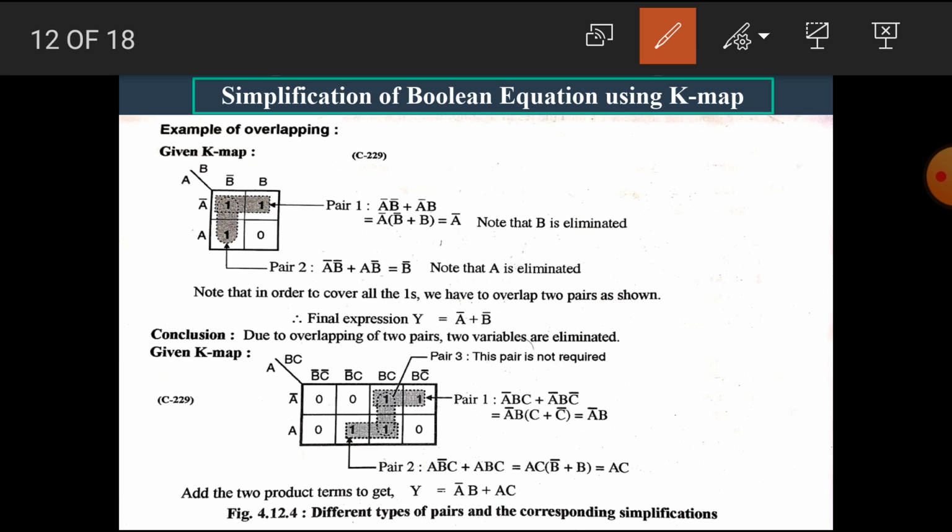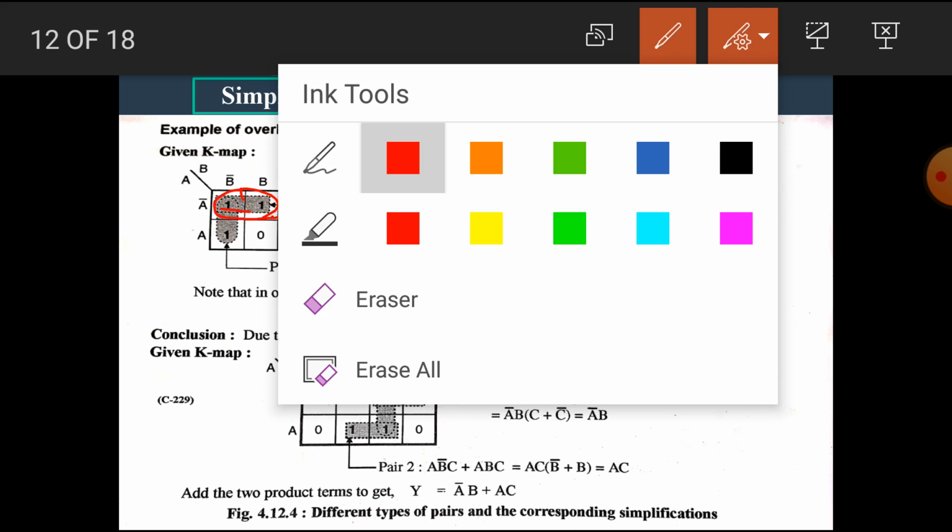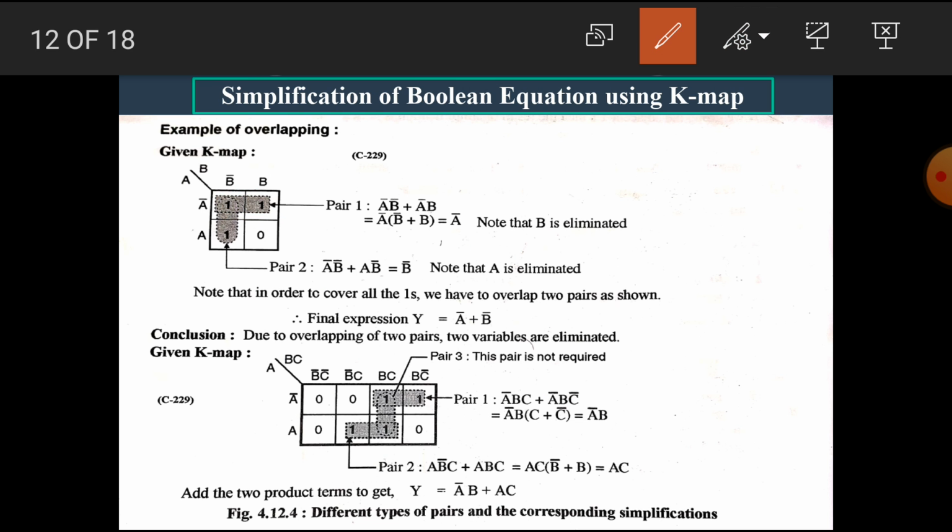The equation of this pair: for this one we get a bar b bar, plus for this one we get a bar b. After simplification, we get a bar common here, in bracket b bar plus b, but b bar plus b is equal to 1, hence we get a bar. That means here b is eliminated.